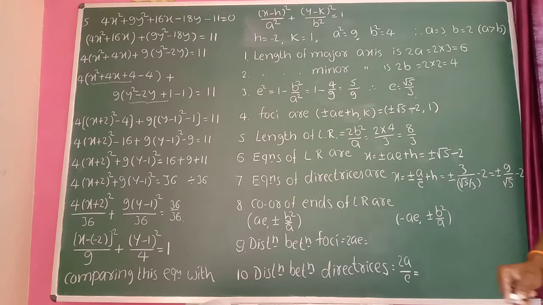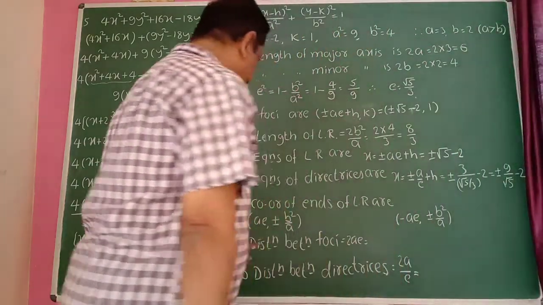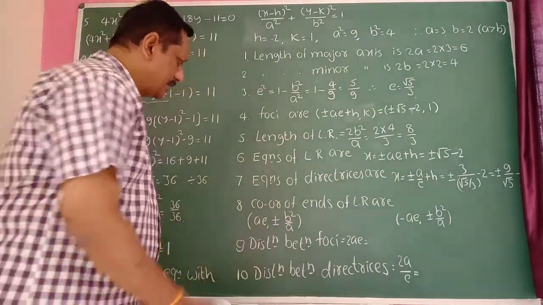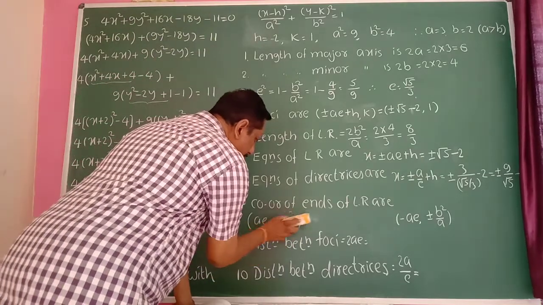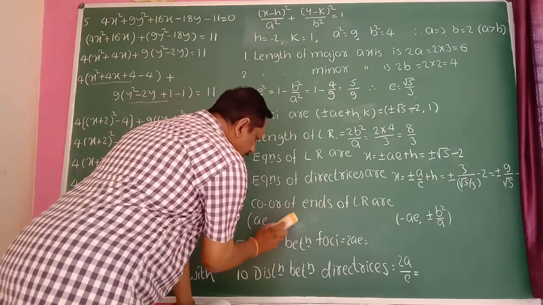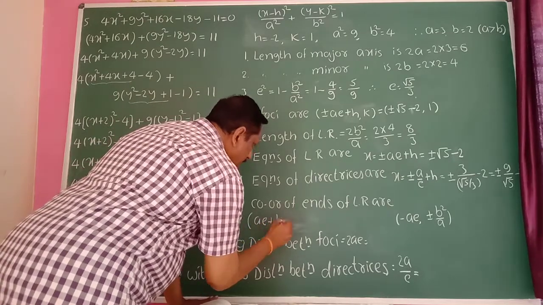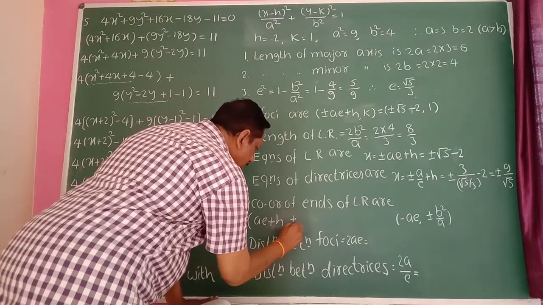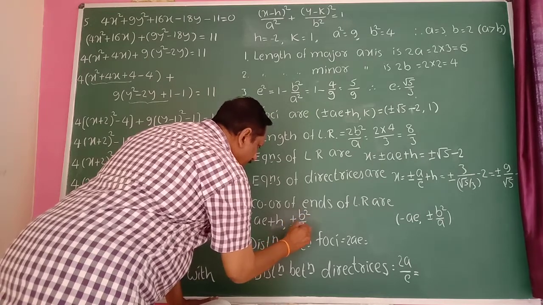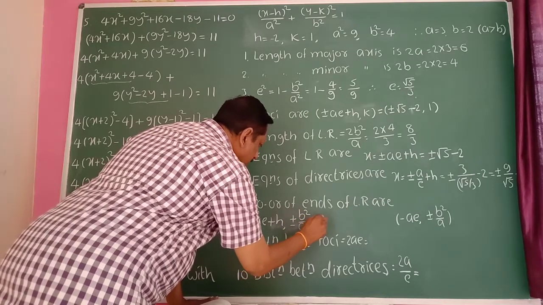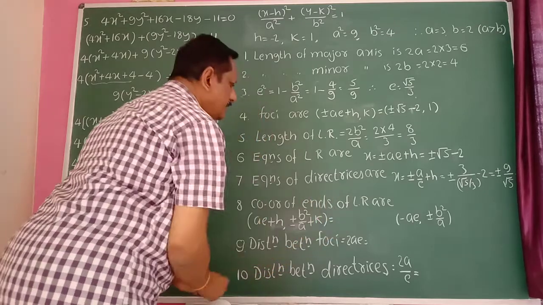Then the coordinates of the ends of the latus rectum. So adding h and k: a e plus h comma plus or minus b square divided by a plus k.